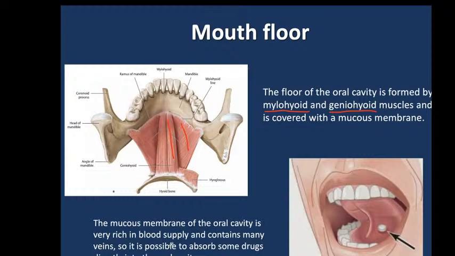So doctors recommend using these blood vessels, like veins, for absorbing some drugs or some medicine directly in the oral cavity. We call this way of absorbing drugs the sublingual way of using drugs in medicine.